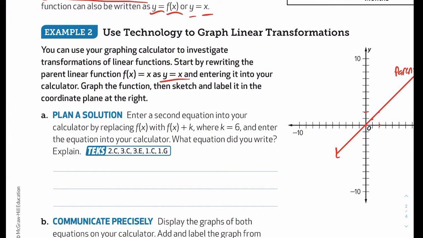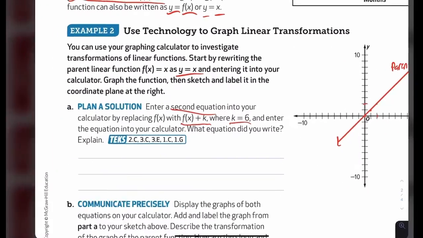What does it want now? Enter a second equation into the calculator by replacing f of x with f of x plus k, where k is equal to 6. Okay, well, let's see if something special can work in the Desmos.